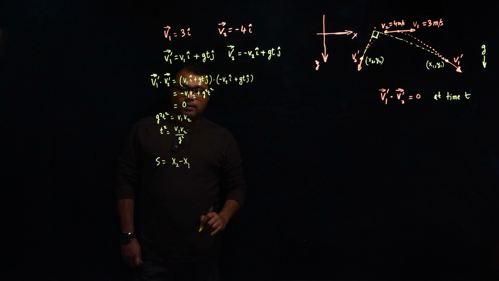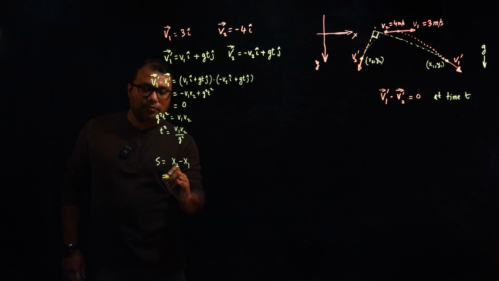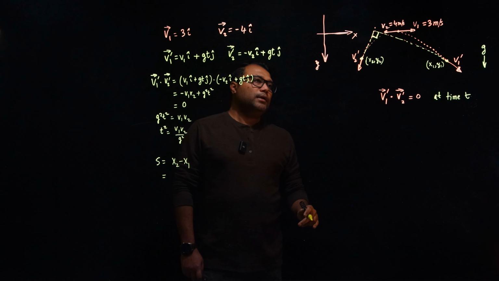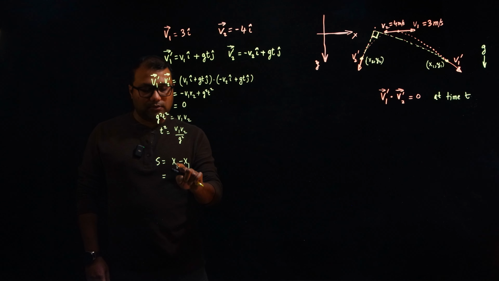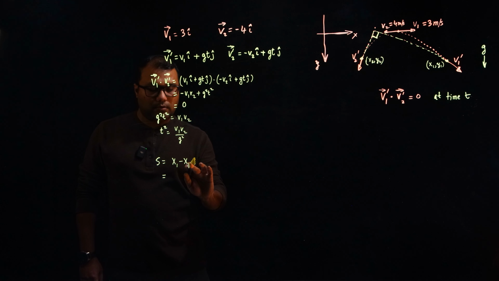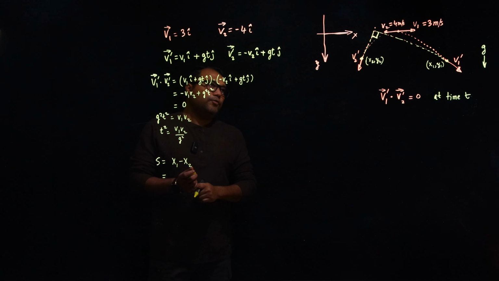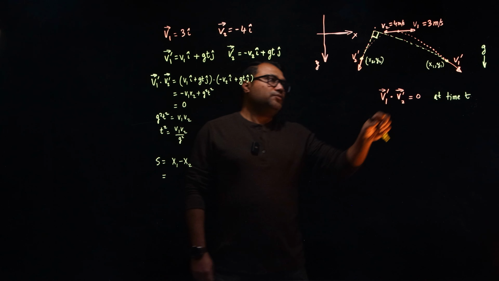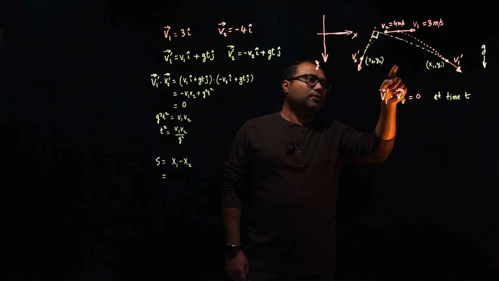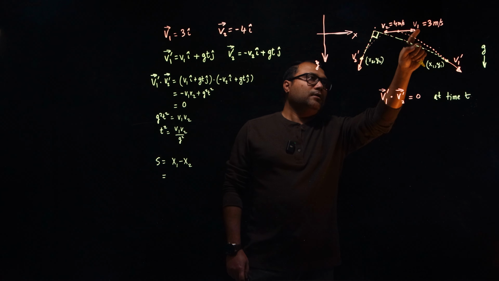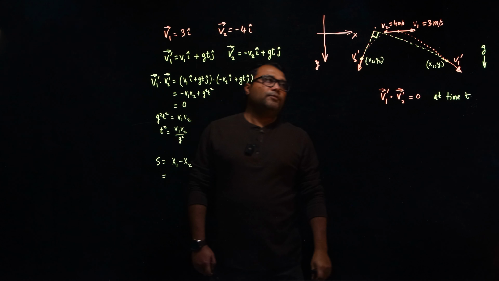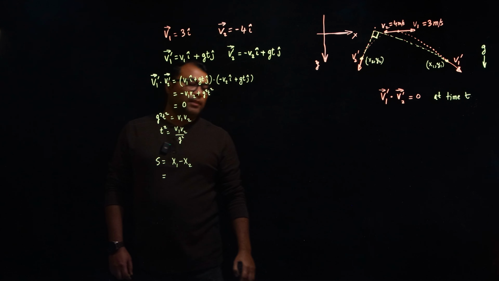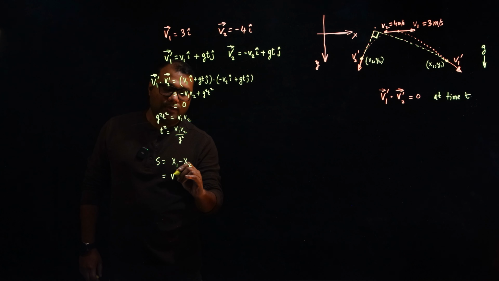Let's just do x1 minus x2 so that it comes out positive. x1 is the distance the body traveled in time t because of the x component of the velocity, so v1 times t.